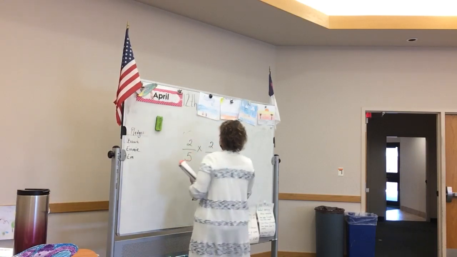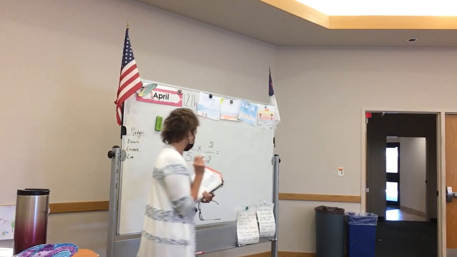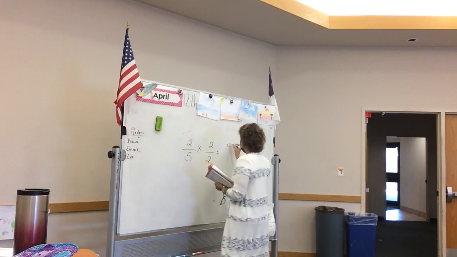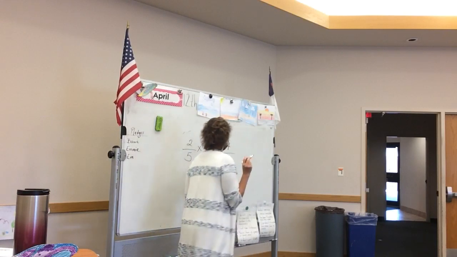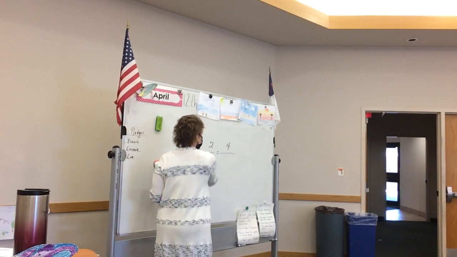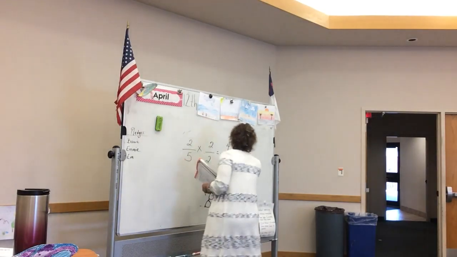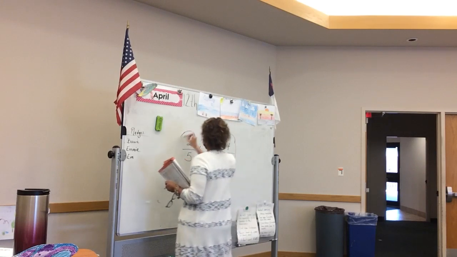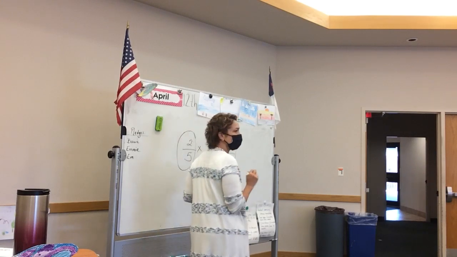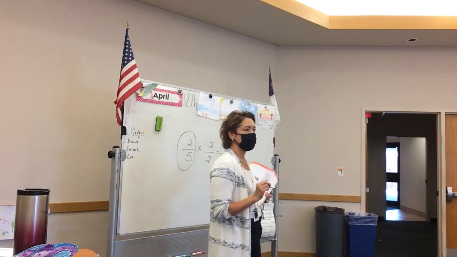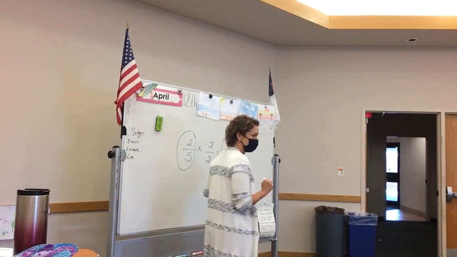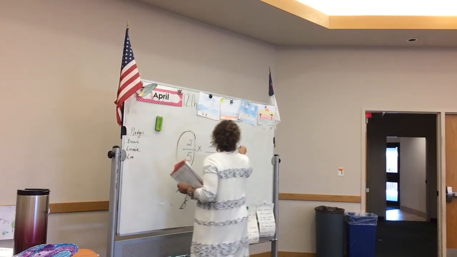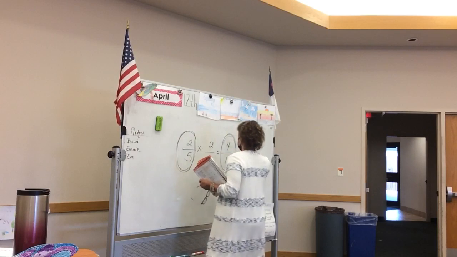What is 2 times 2? 4. What is 5 times 2? All right, so we're going to take this, and we're going to take this, and we're going to cross multiply to check if they are equivalent or equal. So you're going to take the number that you started with and the answer that you multiplied 2 with.